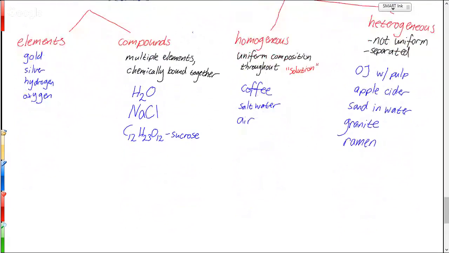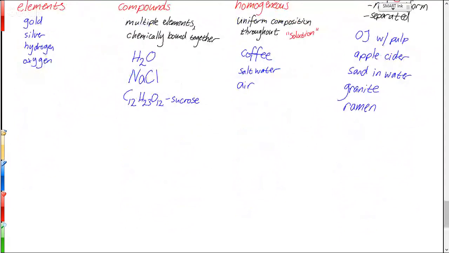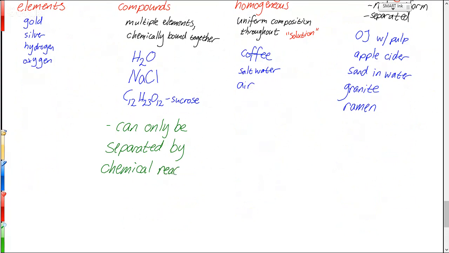Another way that we could differentiate these is to say, okay, elements are pure, but compounds can be separated, but they can only be separated by chemical reactions.